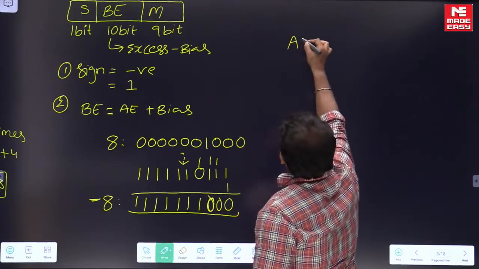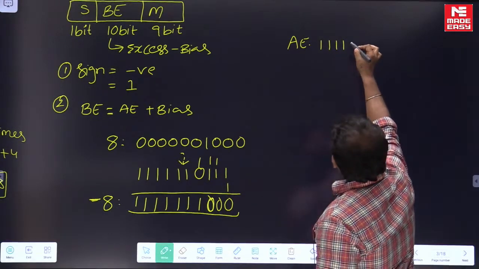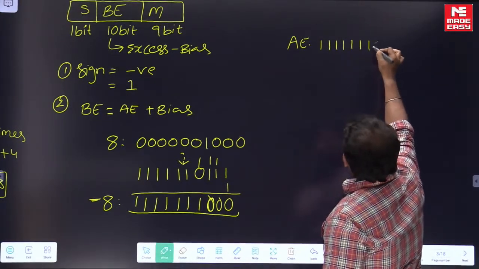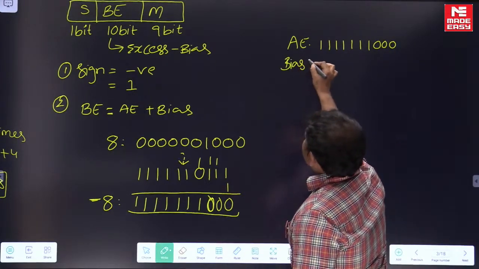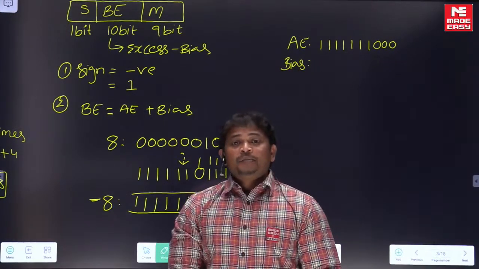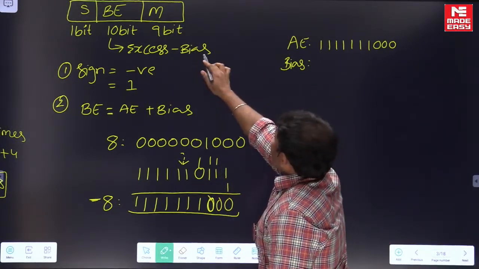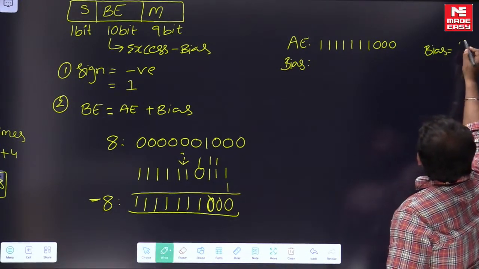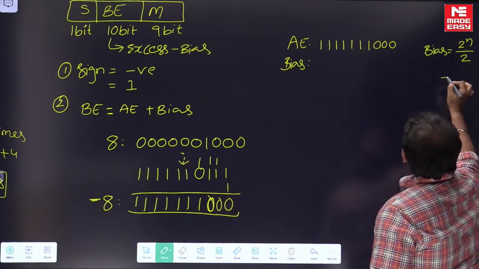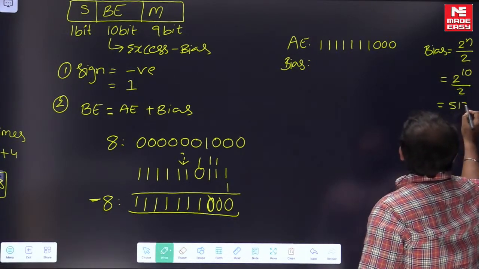Now the AE, actual exponent, is 1111111000. Then bias is excess bias. It is not a normal bias. Excess bias means bias value equal to 2 to the power of n by 2, that is 2 power 10 by 2, that is 512.